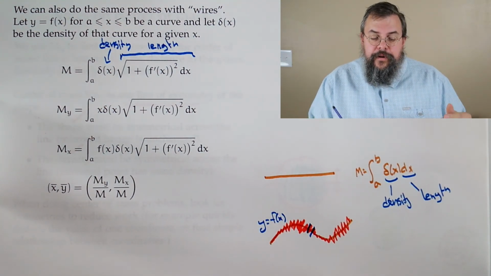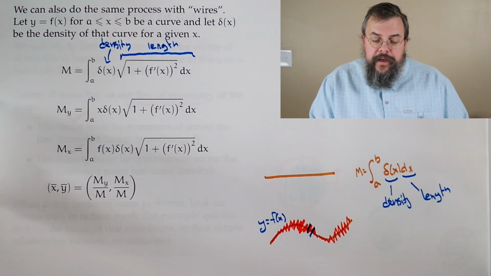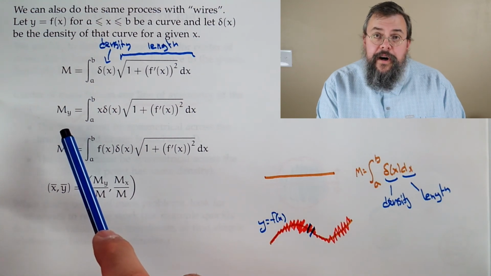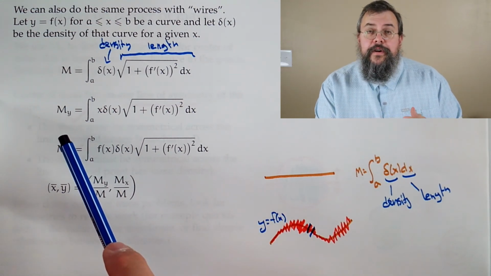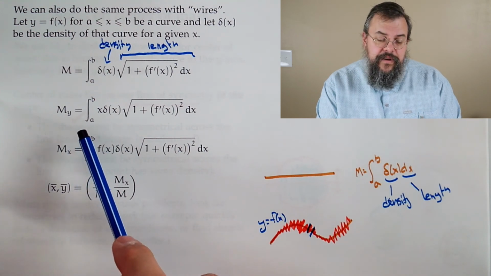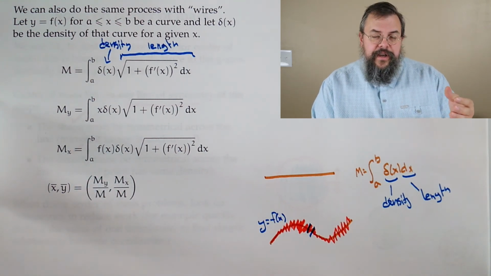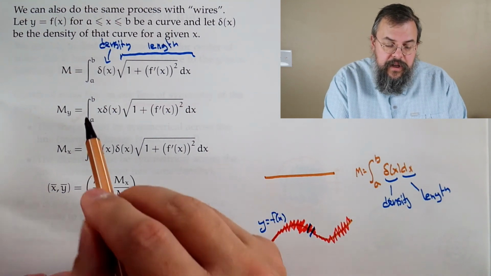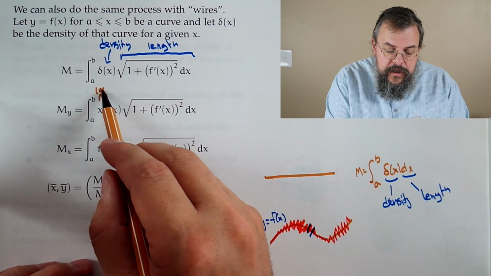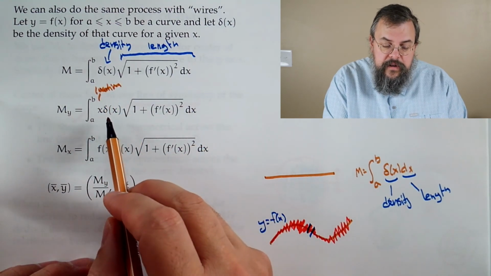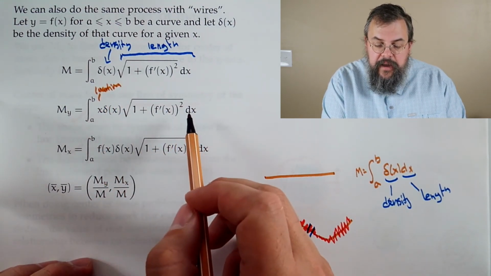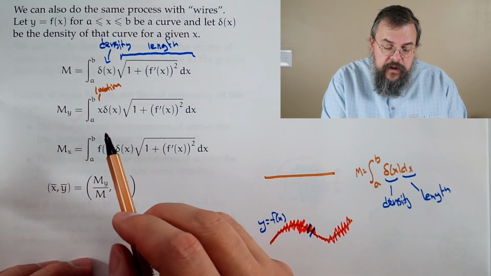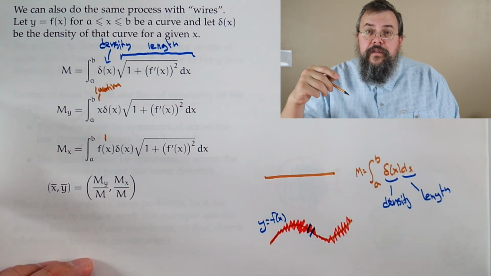How about for your m sub y? Well, you just need to say, what is m sub y? M sub y is the moment, and you're looking with respect to the y-axis, so you have a location. The location relative to the y-axis is x. So we say, okay, you have a location, and then you have density times length, so location times mass. And here, moment with respect to x, well, the moment has a location built in, right?